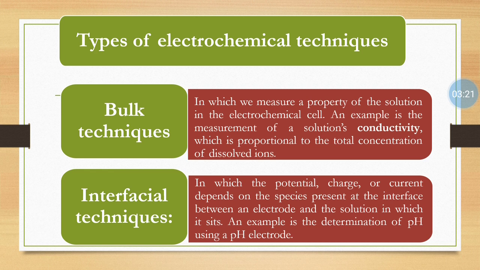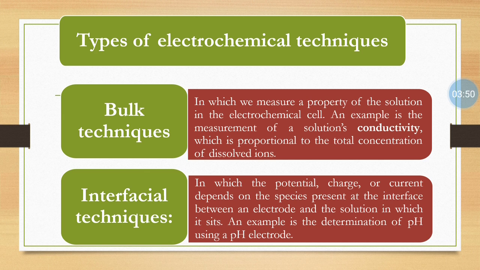Now, types of electrochemical techniques. There are two major types of techniques. One is bulk techniques and the other is interfacial techniques. In bulk techniques, we measure a property of the solution in the electrochemical cell. Conductivity or conductometry is one example of a bulk technique.